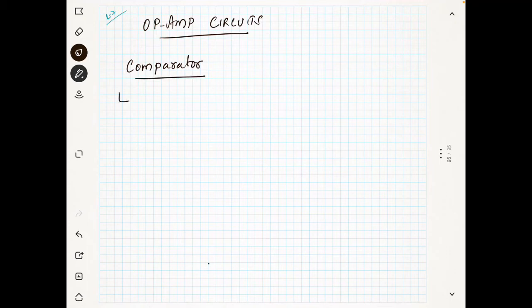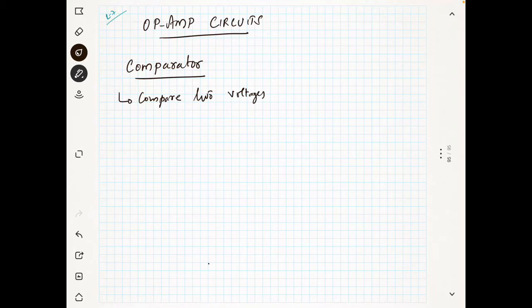So a comparator is used to compare two voltages, basically. We have two different types of comparator.